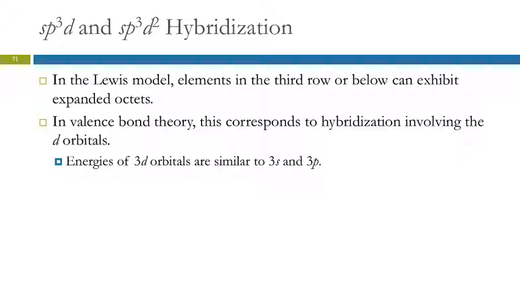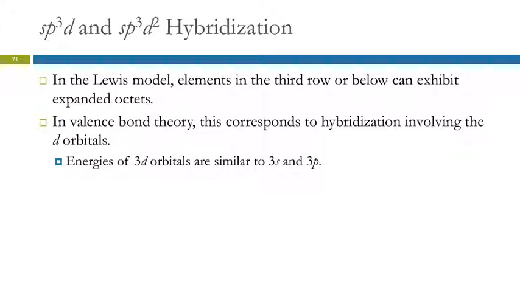Now, we talked about expanded octets, right? So elements in the third row, third period or below, third, fourth, fifth, sixth, seventh, those are elements with their valence electrons on the third floor or higher in the quantum hotel.